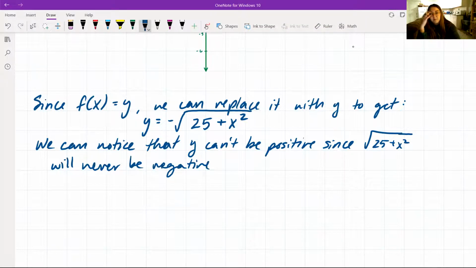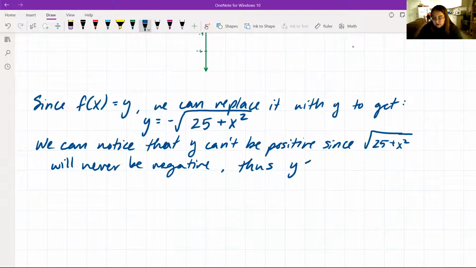Because in order for y to be positive, we would have to have the square root of 25 plus x squared end up being negative so that the negative signs cancel each other out. So y cannot be positive since the square root of 25 plus x squared will never be negative.